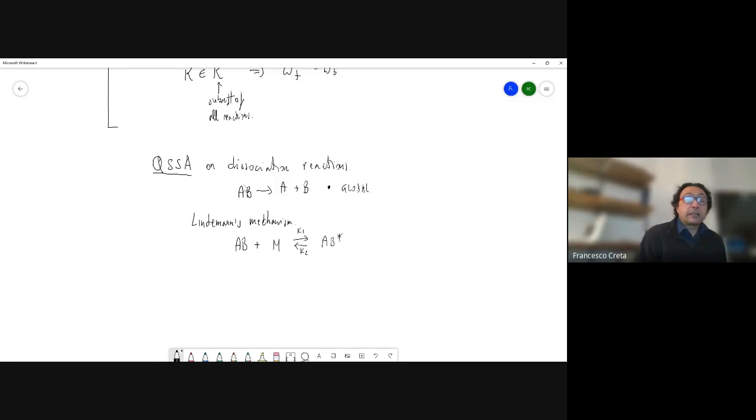Essentially we just need AB to be excited. And M does not participate in the reaction, so we can keep M as M. And AB now becomes like an excited form.